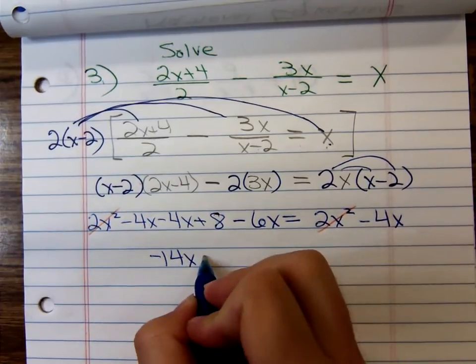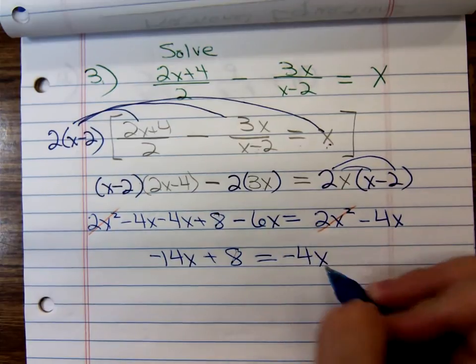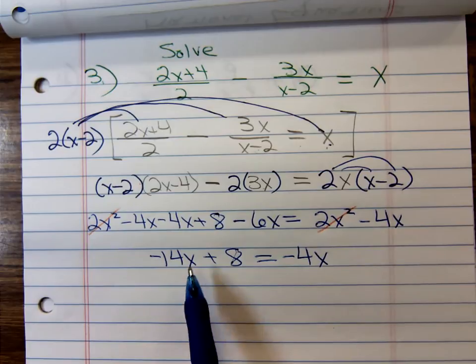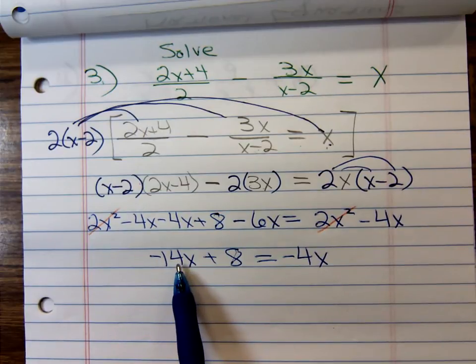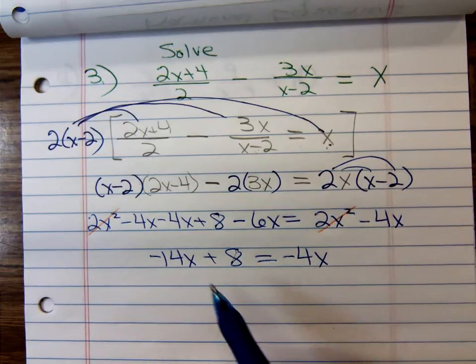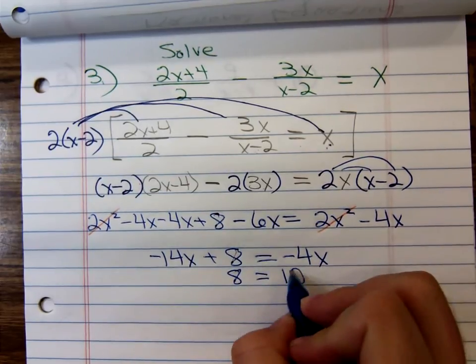Plus 8 equals a negative 4x. And I'd add the 14x to both sides here. That would give me an 8 equals, what are we getting there? A 10x.